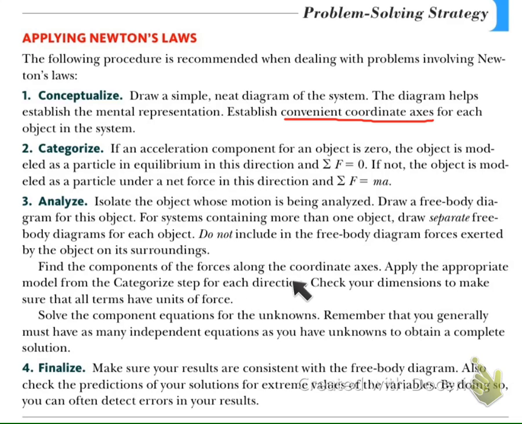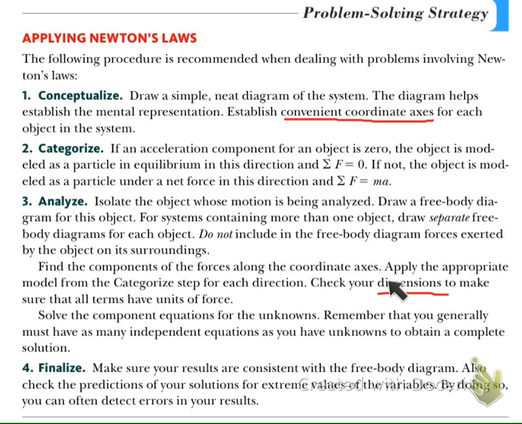Okay. Check your dimensions to make sure that all terms have units of force. This is a very useful step. You have to keep in mind the direction of every quantity. As we mentioned in the first chapter, the physical quantity must have dimension.